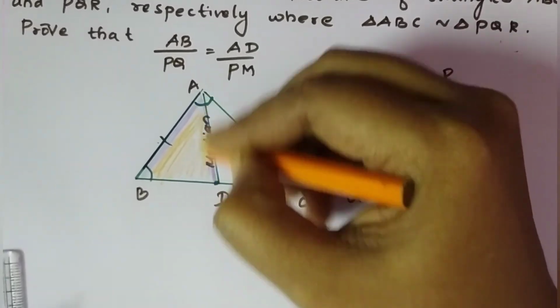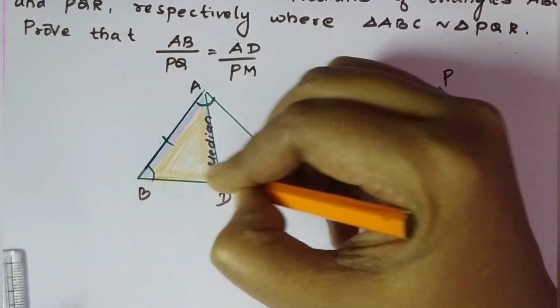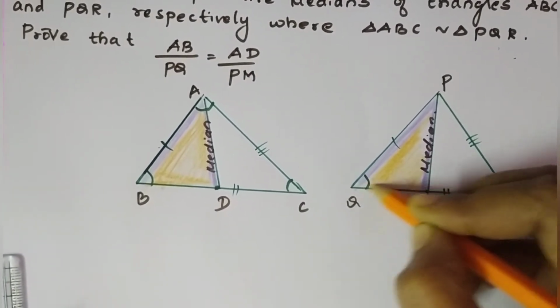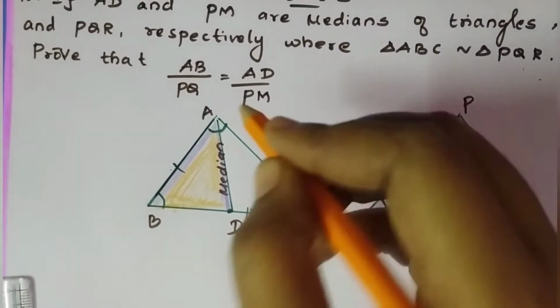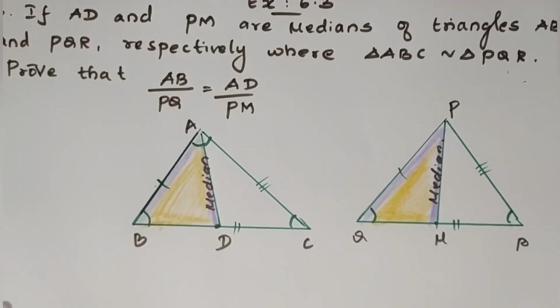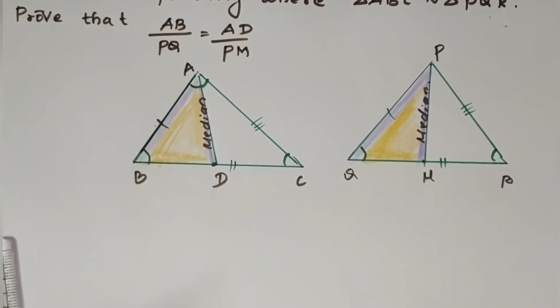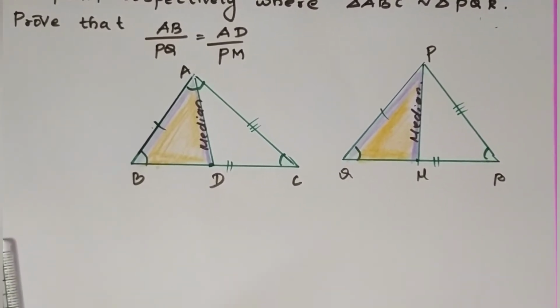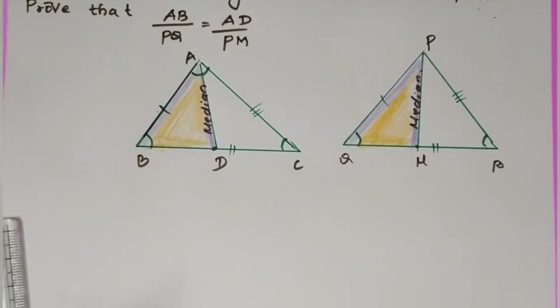We have to prove that the two triangles are similar. To prove, AB divided by PQ is equal to BD divided by QM. By which criteria can we prove? That is very important. We have to see that one.